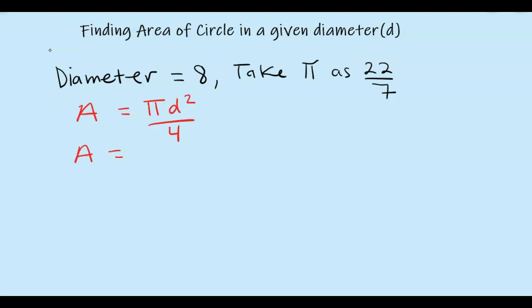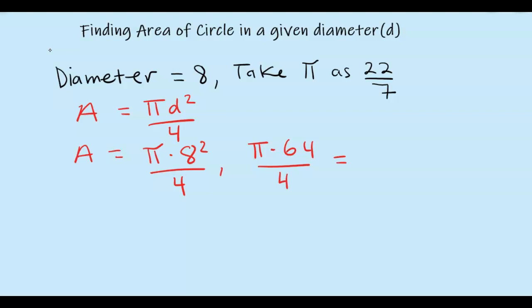So we have pi times 8 squared all over 4. 8 squared is 64 all over 4.